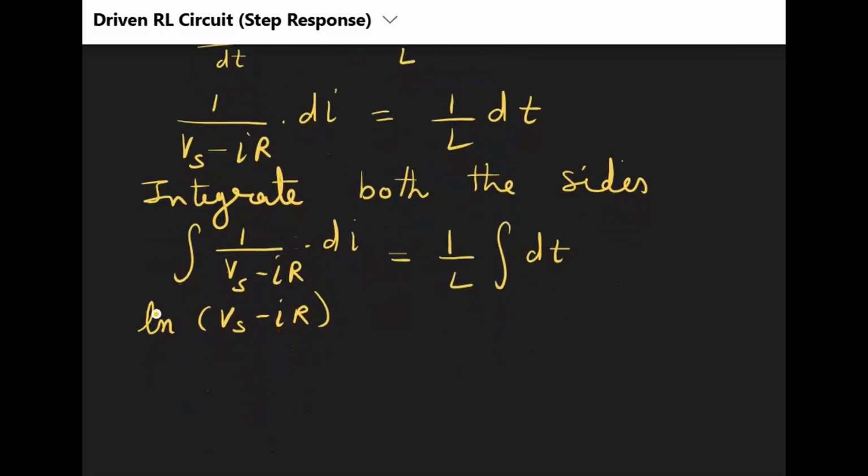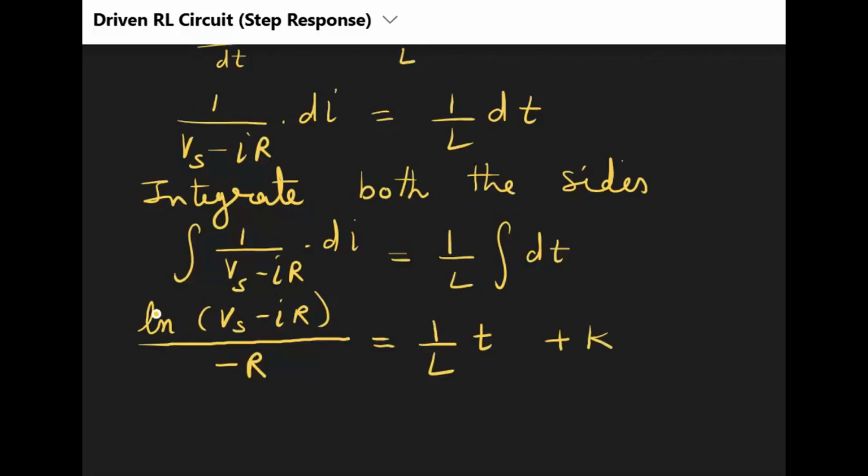If you remember the integration, for Vs minus iR, we differentiate it, and whatever the value of the differentiation of Vs minus iR is, that is kept in the denominator, so we get minus R. This equals (1 by L) t plus k.